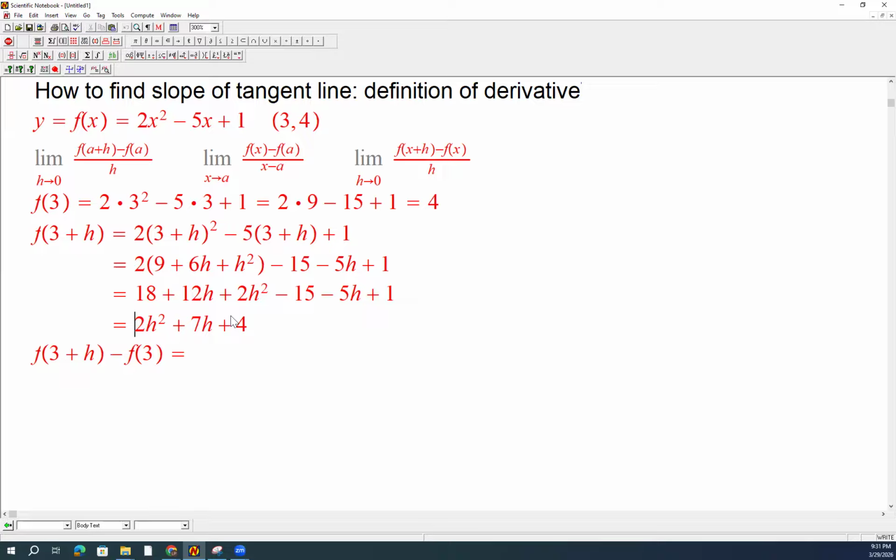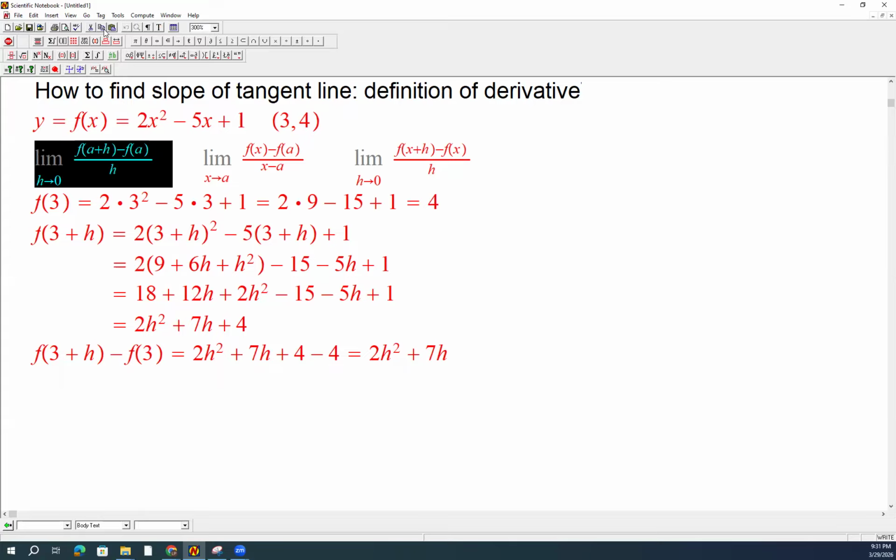So put these two expressions together. Minus 4, right? F of 3 is 4. And then we will end up with 2h squared plus 7h. And then we're going to divide and take limit.